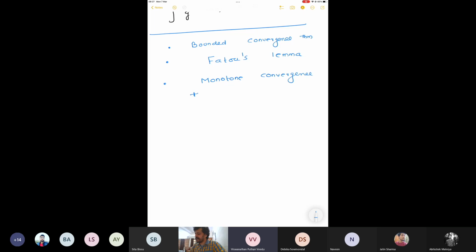And these theorems are fundamental building blocks of the entire Lebesgue integration theory. And one more: bounded, Fatou's, monotone, and Lebesgue dominated convergence theorem.